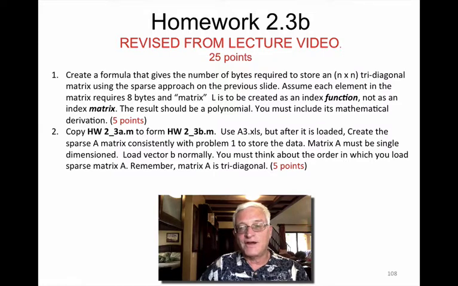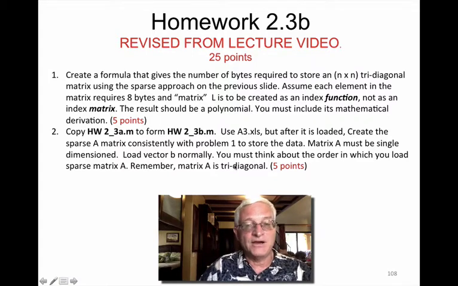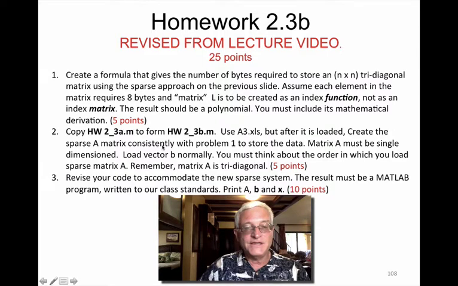And I think that's the order I ask you to do it in, but it really doesn't matter what order you put the diagonals in as long as you keep track of how you've constructed them. So that's part 2.